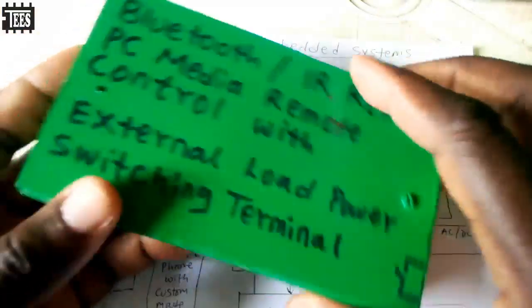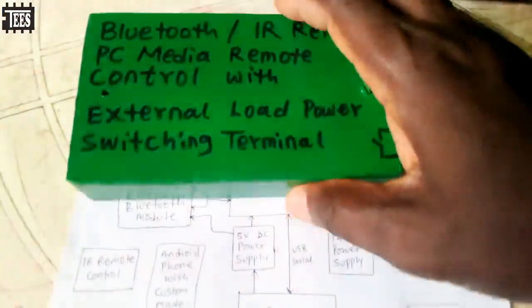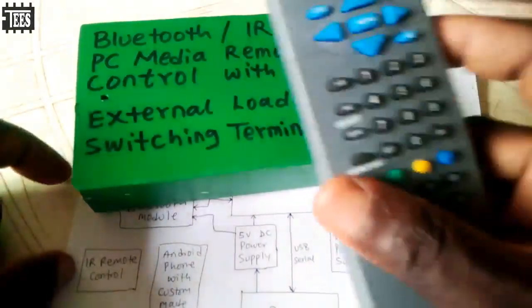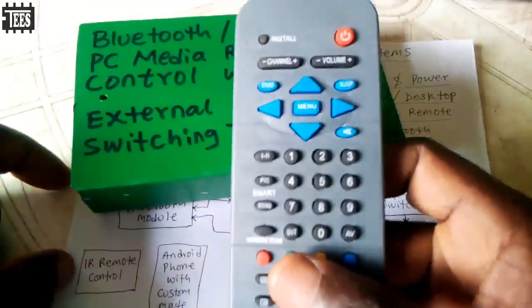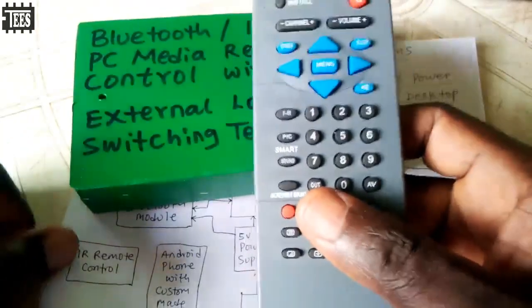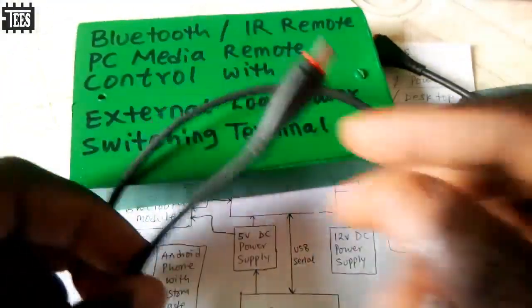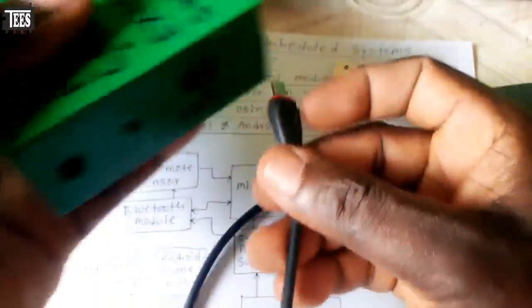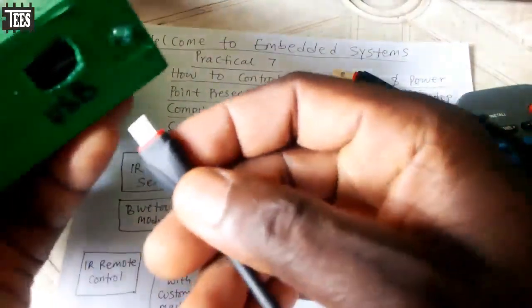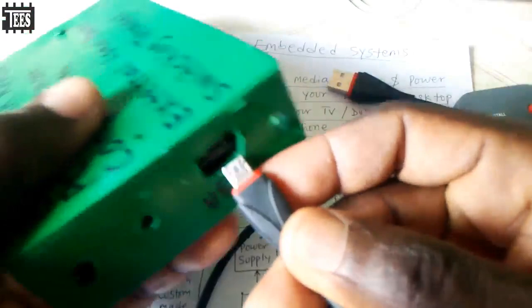I built this so that I can add infrared remote control function to my laptop computer. What you have here is a USB cable. Here I'm going to connect it.